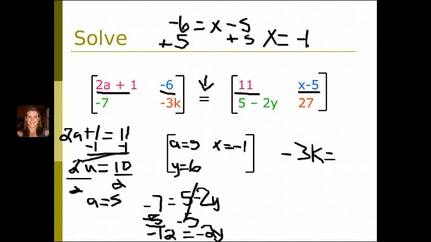Divide both sides by -3, and you're left with k equals -9. And again, we're just going to fill that in our answer matrix. So k equals -9.